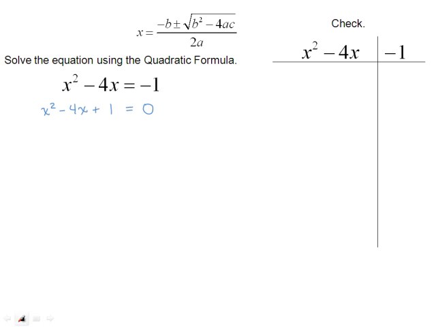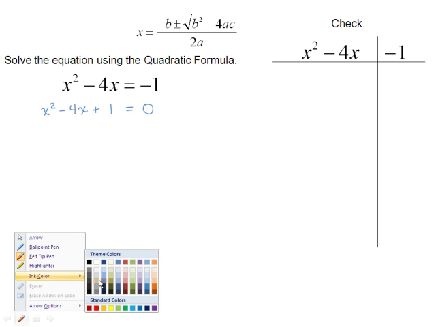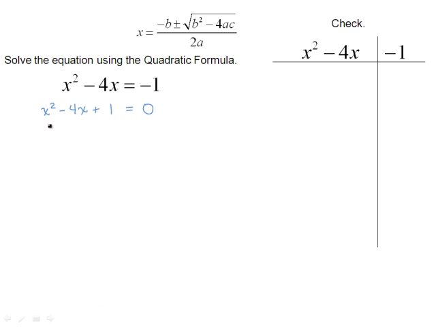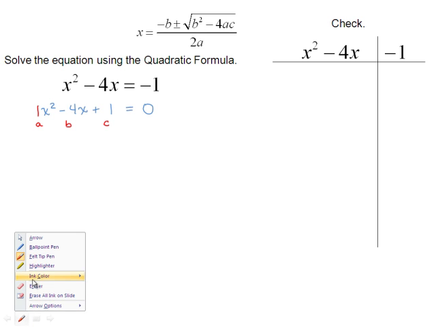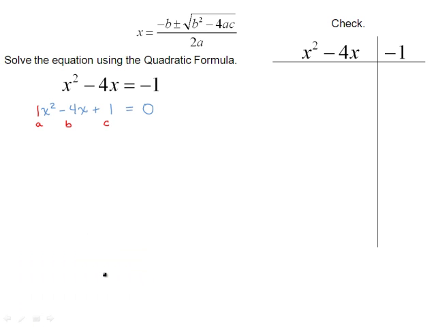And now that we have all our terms on the same side, we can identify A, B, and C. So in this case, A would be 1, B is -4, and C is 1. Next, we substitute those values into the formula.